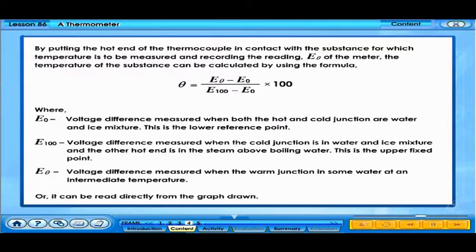By putting the hot end of the thermocouple in contact with a substance for which temperature is to be measured and recording the reading E theta of the meter, the temperature of the substance can be calculated by using the formula: theta equals the ratio of changes of voltage difference between the lower reference point and the upper fixed point multiplied by 100, or it can be read directly from the graph drawn.